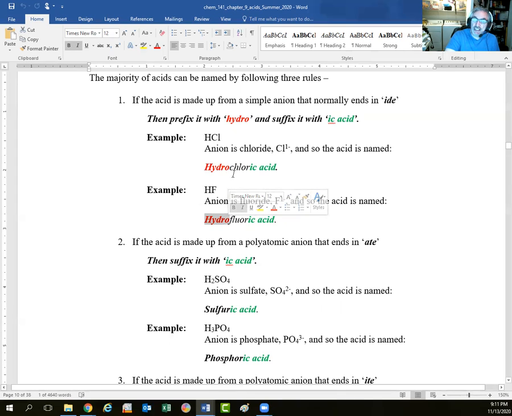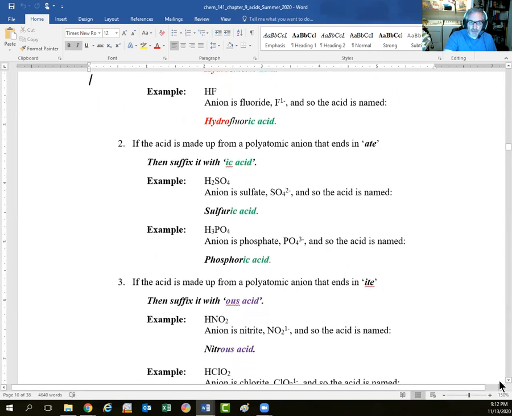We'll then use the name of the non-metal, but we'll change the ending, IDE, to ic acid. So the acid based on the chloride ion becomes hydrochloric acid. The acid based on the fluoride ion becomes hydrofluoric acid. So for a simple non-metal, begin with hydro and finish with ic acid using the non-metal ion's name.